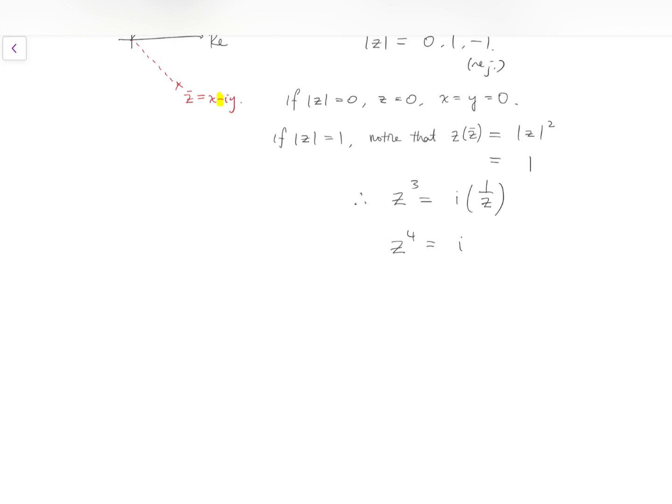For the last step, to find out our solutions to this problem, we need to consider the polar form of a complex number.